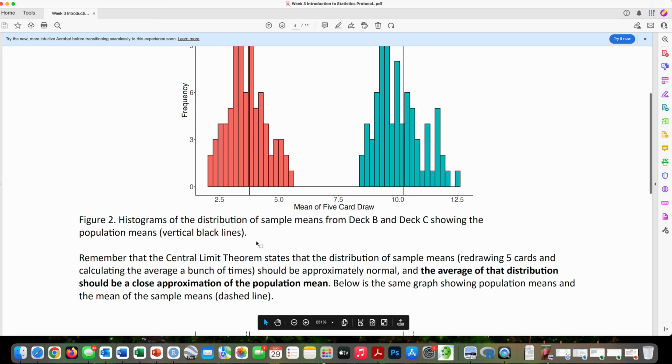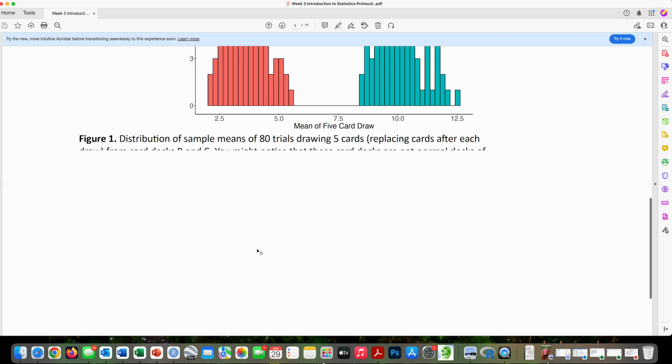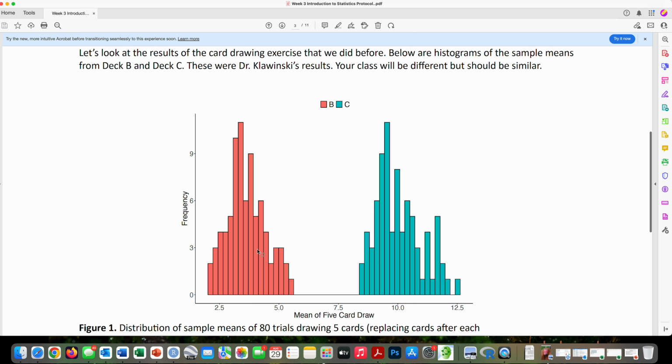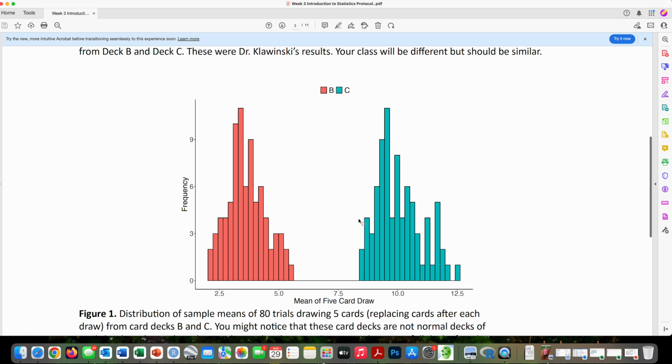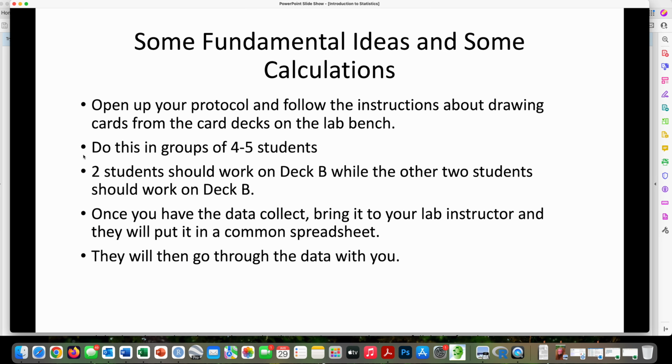What I want them to get across when they're doing this is this idea that you've taken a uniform distribution, you've drawn samples out of that uniform distribution, and what it gives you is a distribution that begins to approach a normal distribution.